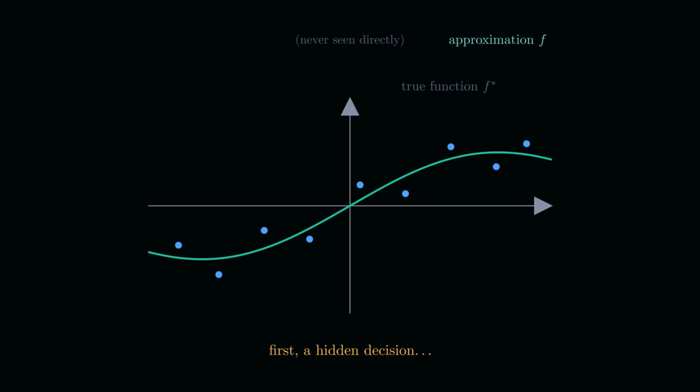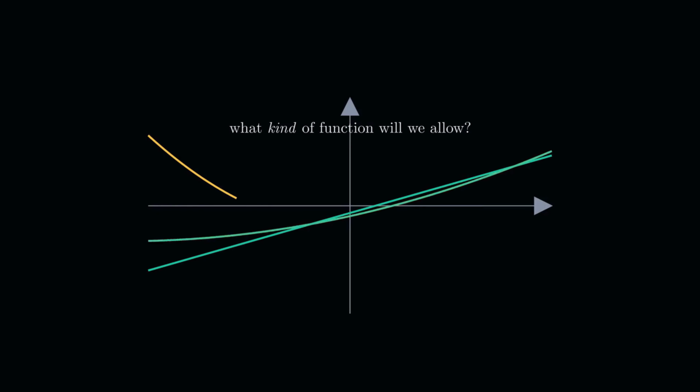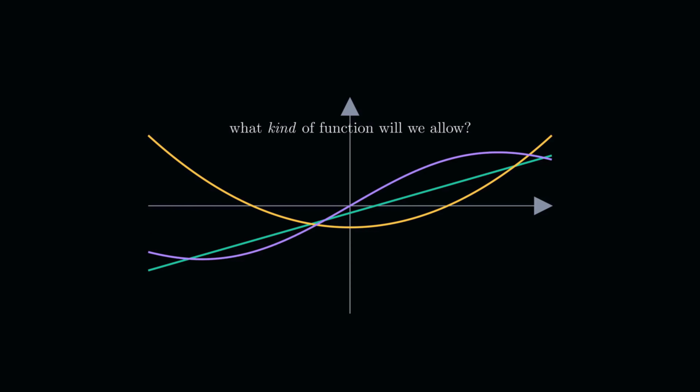But here's a decision that secretly shapes everything, and the previous video never actually mentioned it. Before learning even begins, we must choose what kind of approximation we'll allow. A simple straight line relationship on a graph, a gently curved one, a spiraling neural network with billions of connections. That family of allowed functions has a name, the hypothesis class.